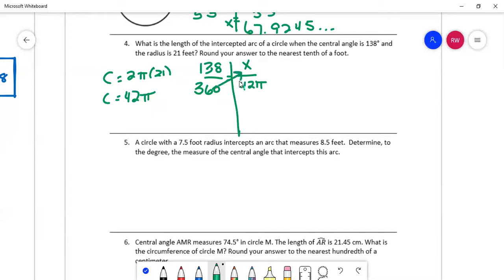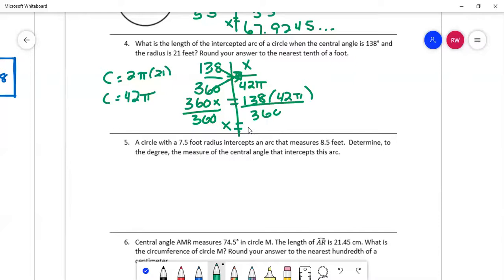Cross multiply. 360x is equal to 138 times 42 pi. I want to get x all by itself, so divide both sides by 360. X is equal to 138 times 42 pi divided by 360.